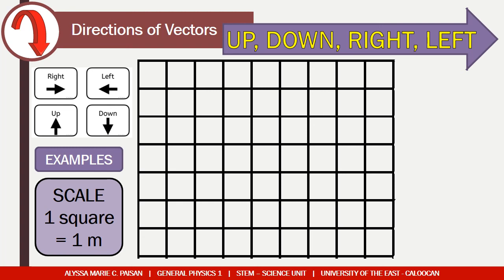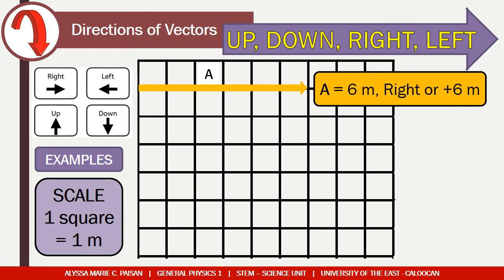Okay? So let's have the examples. I'm just going to get the same examples that we have in the cardinal primary directions. So we have vector A, there it is. And then instead of north, east, we can use right.